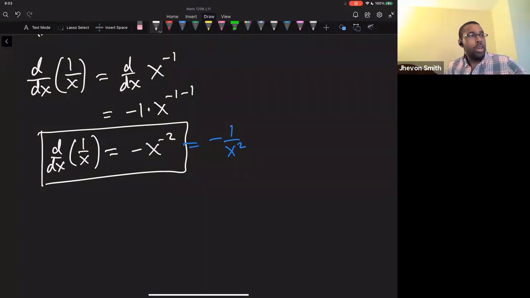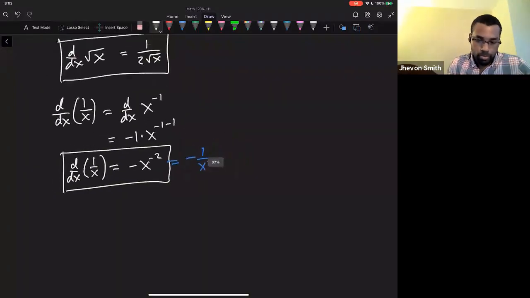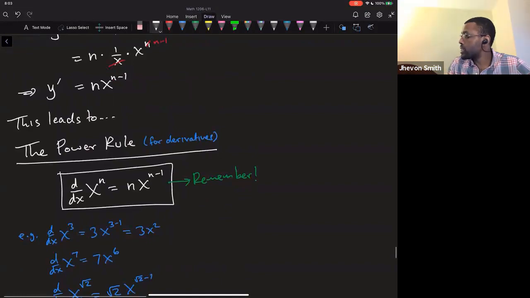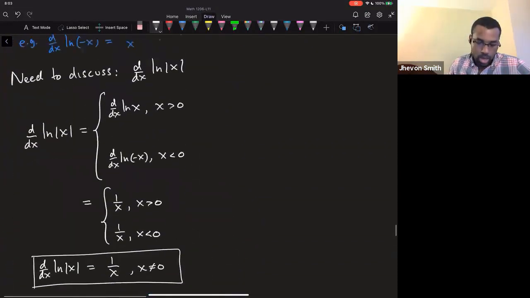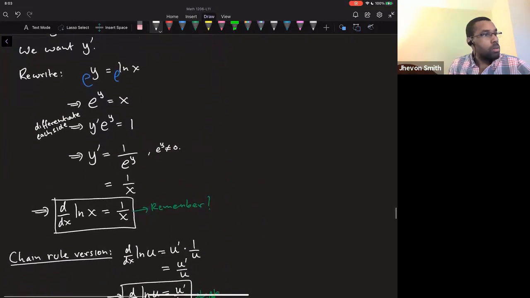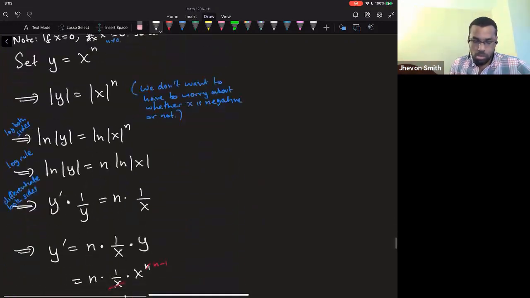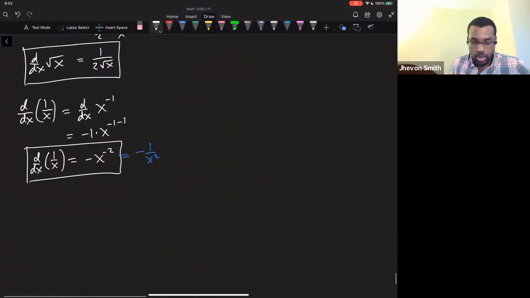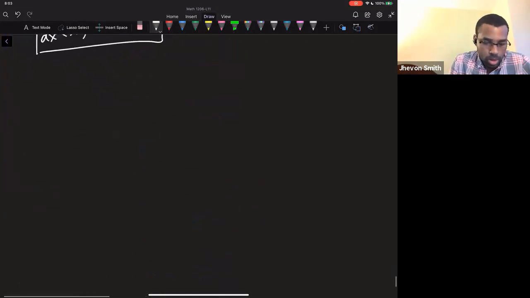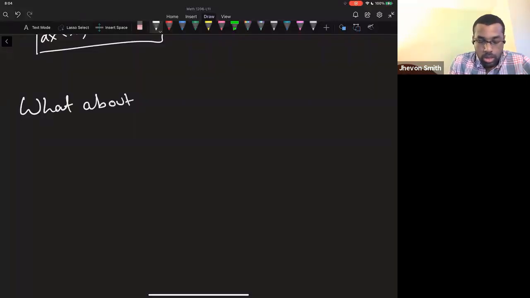So yeah. What do we want to talk about now? So power rule, we know how to differentiate x to a constant power. Log rules, we know how to differentiate a logarithm. We know how to differentiate the natural log. What about some other logarithm?